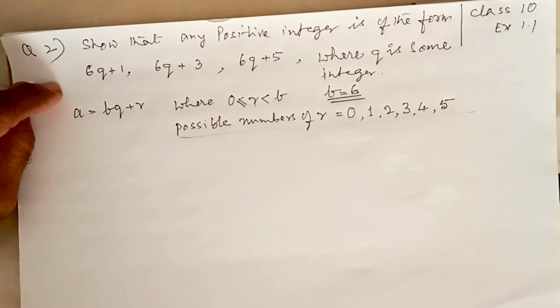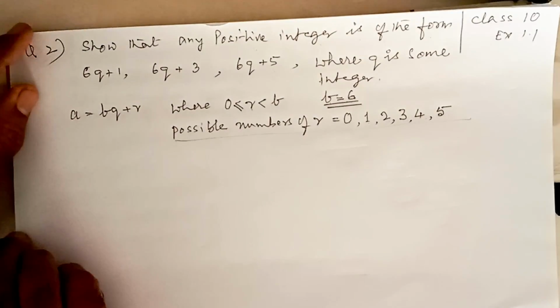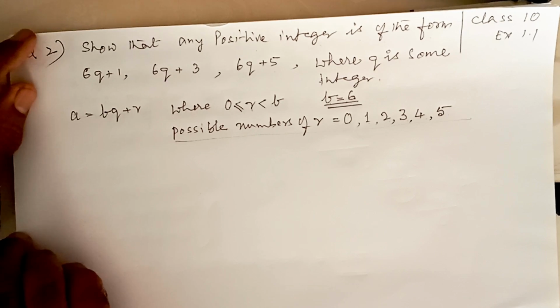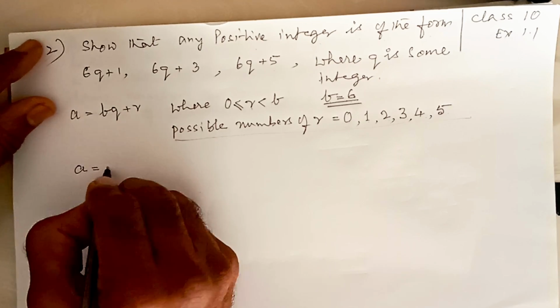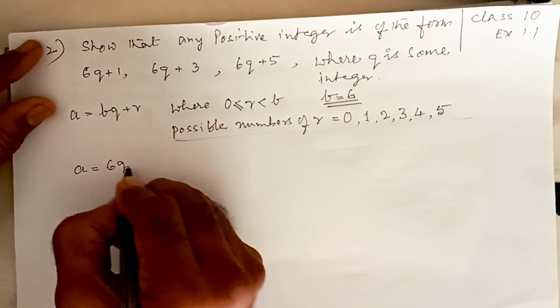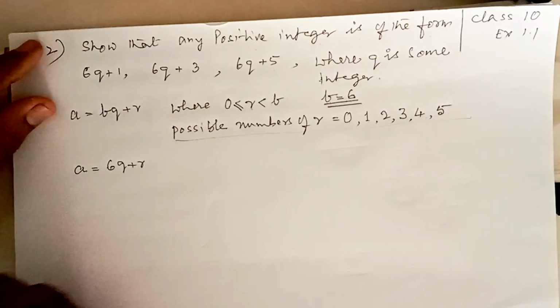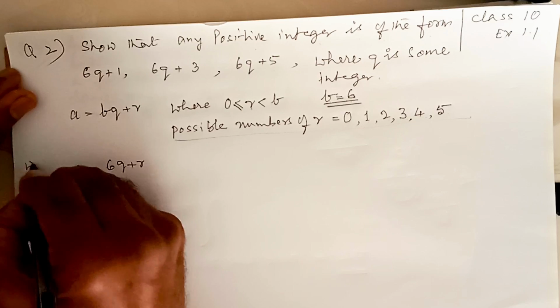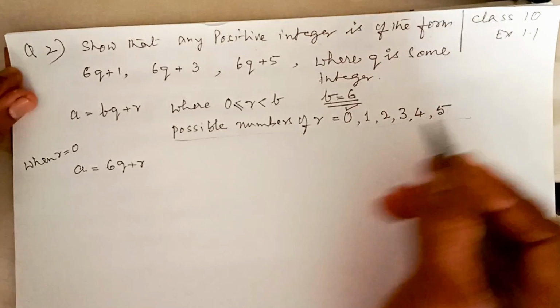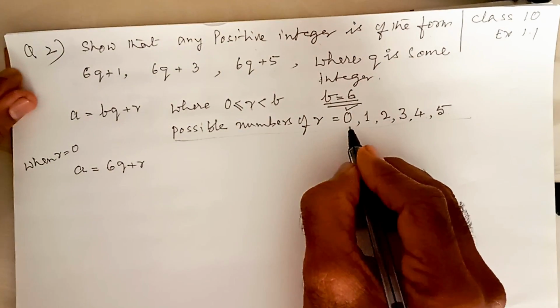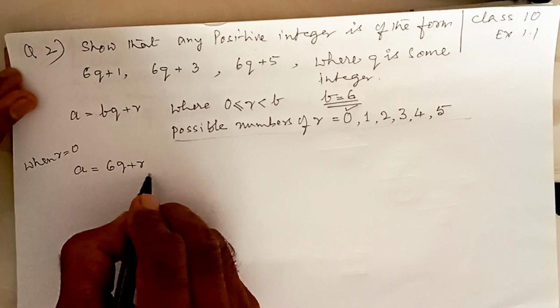Now, apply one by one and find out which is an odd number. Example, a is equal to 6q plus r. So we take when r is equal to 0. We will take the first case. Applying r as 0, you get this equation.